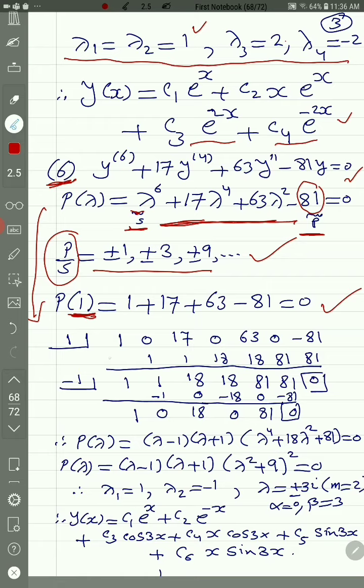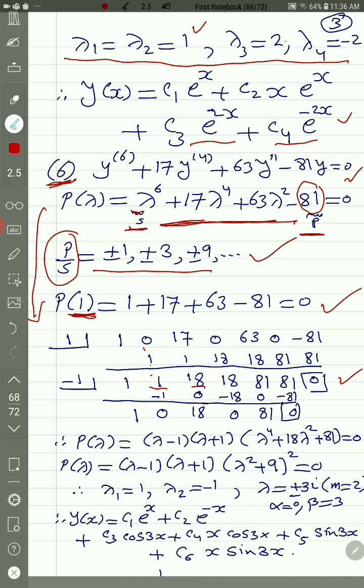Okay, so I divide by 1. I take 1 down, multiply by 1, put it here, add here this line, the same as we did before. If you see, I put 1 down, multiply by 1, add them here, see, and it gave you 0. And again, if I try 1, I will not get 0.